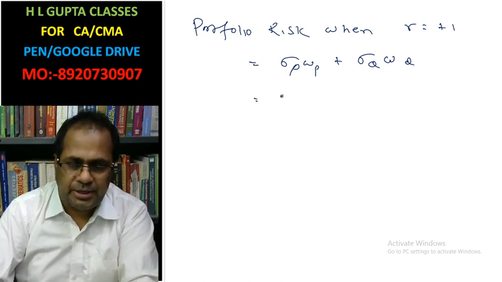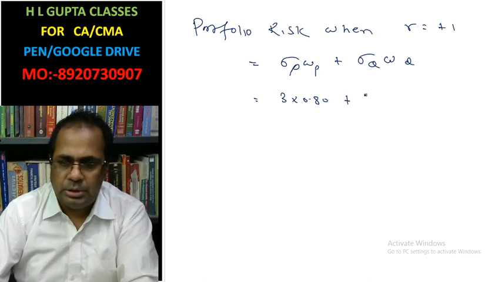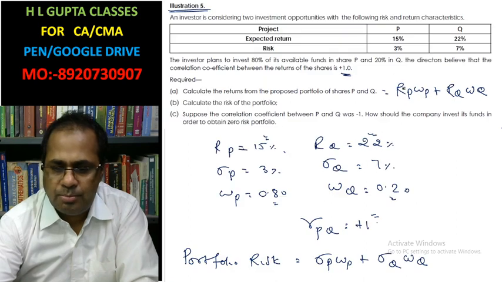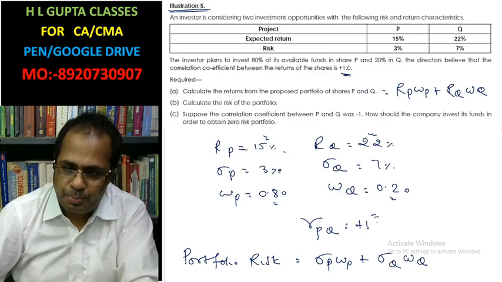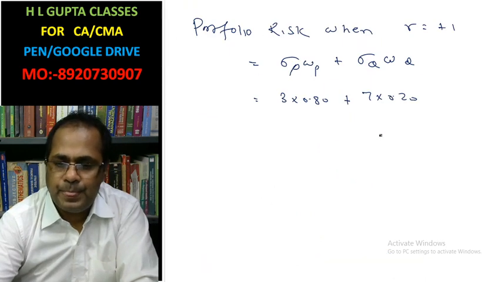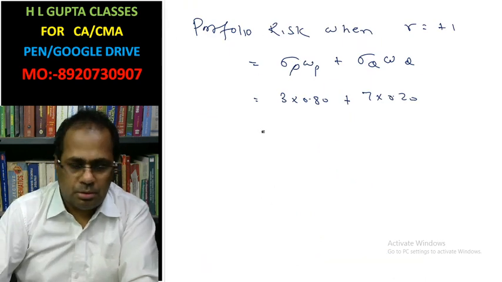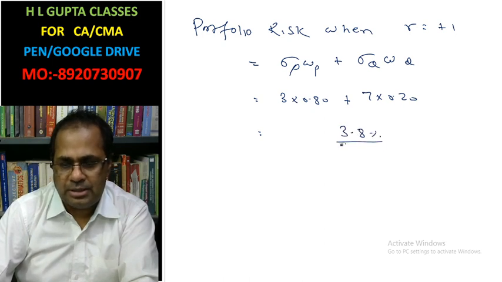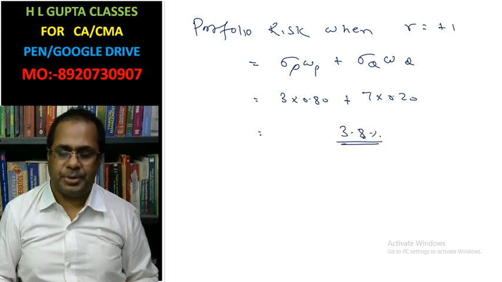Standard deviation 3 into 0.80, 7 into 0.20. This is the standard deviation, 3% for P and 7% for Q. This is 3.8%. The answer of the first part is completed.